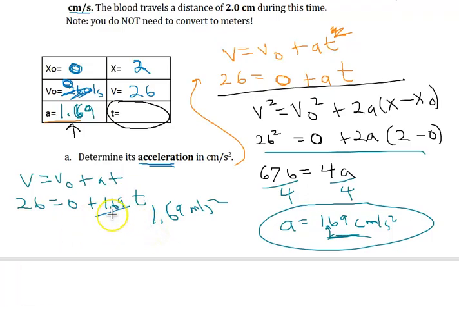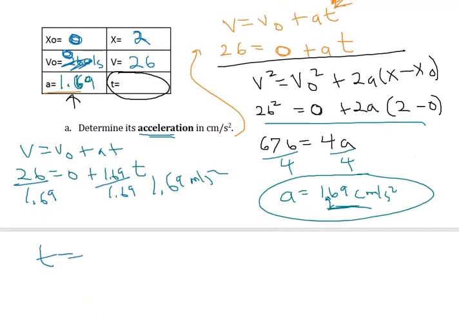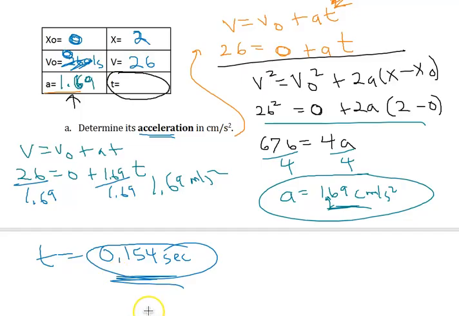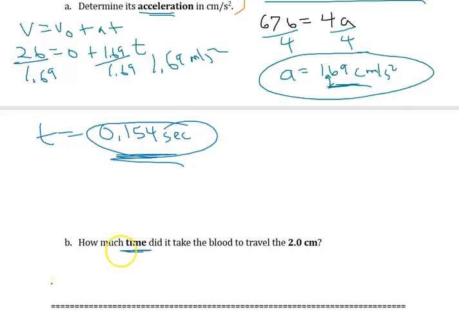Divide both sides by 1.69. And you get a time of 0.154 seconds. Really fast. So that's not the acceleration, that is the time.